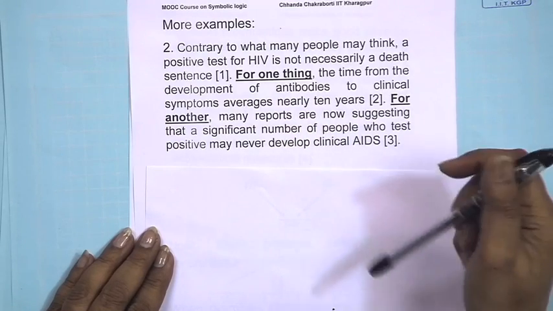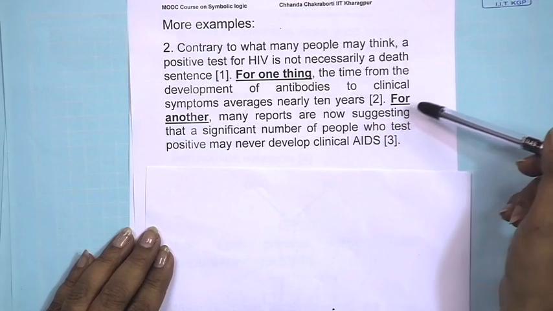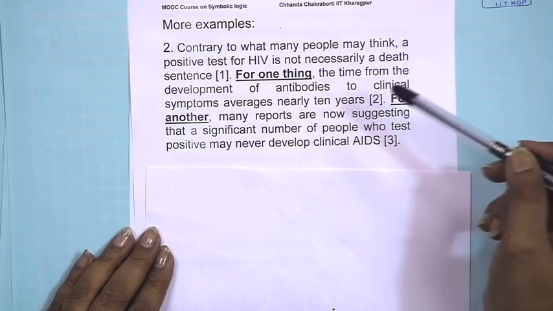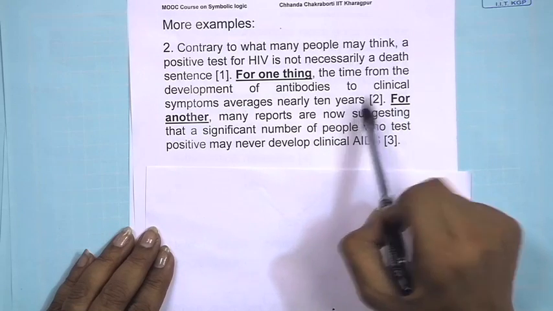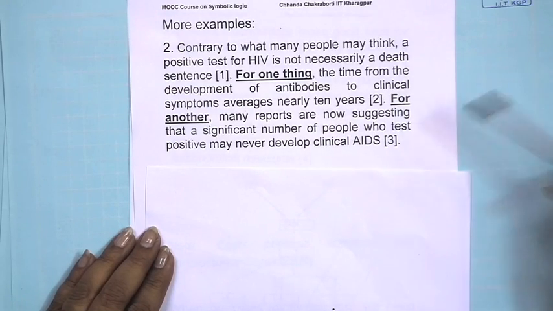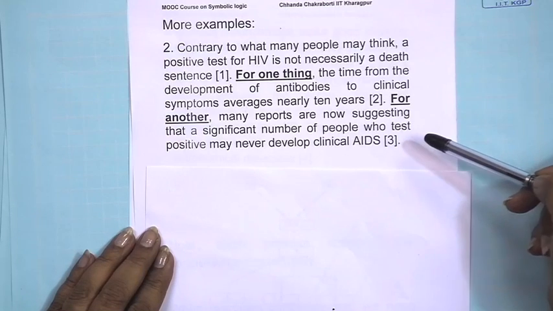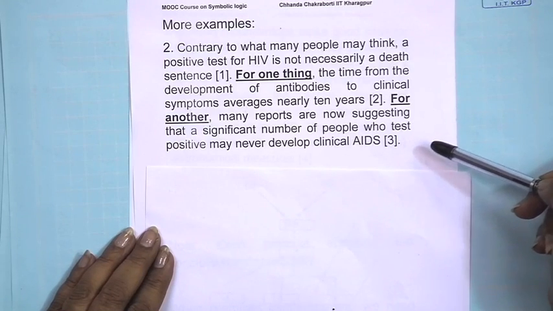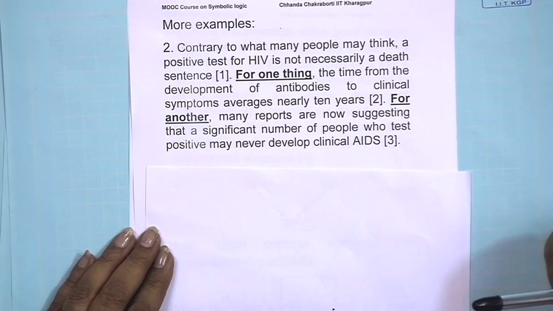That is a claim. For one thing, the time from the development of antibodies to clinical symptoms averages nearly 10 years. That is claim 2. For another, many reports are now suggesting that a significant number of people who test positive may never develop clinical AIDS. That is claim number 3.